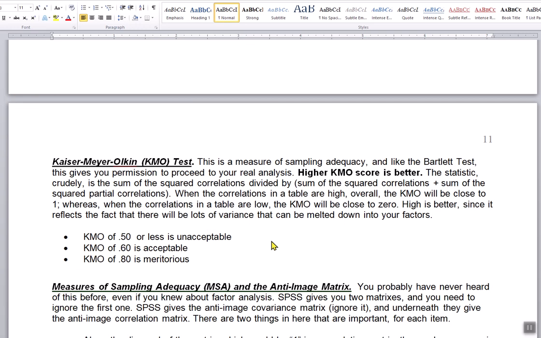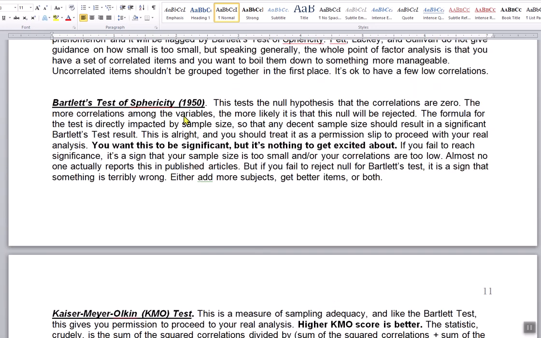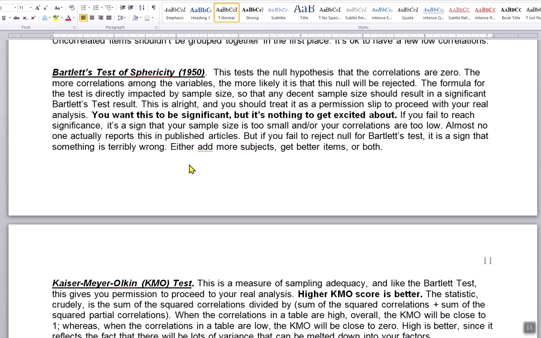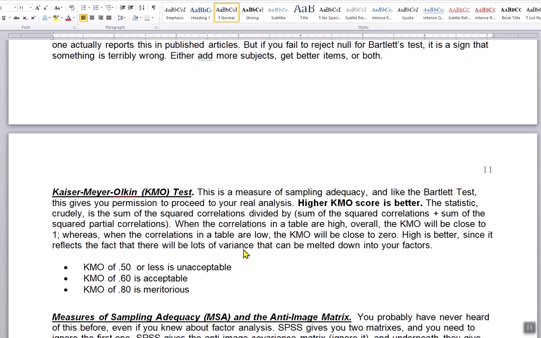Whereas when the correlations in a table are too low, then the KMO score would be close to 0. So it's doing sort of the same thing as Bartlett's test. If you have high correlations, you're going to get the green light to go forward. If you have very low correlations, then you're not going to pass. But you want to be able to pass both of these.